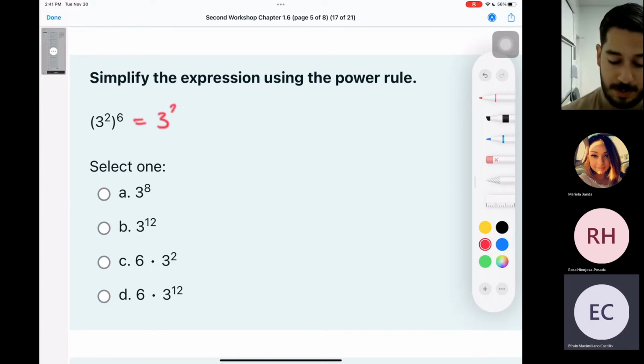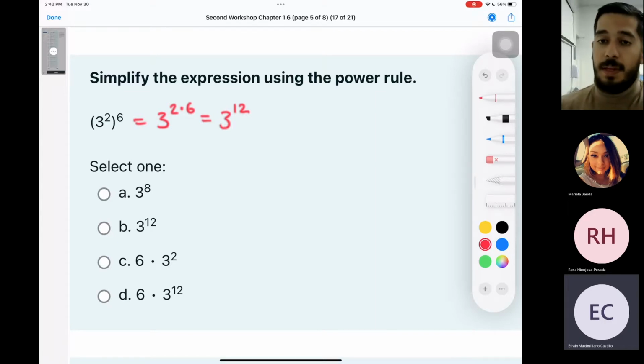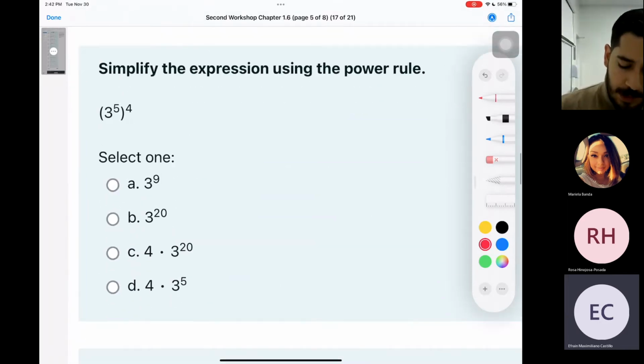That means I take 2 times 6, multiply those, and that's going to be my result. And instead of a 3, it can be an x, it can be a y, it can be a z. Remember that this meeting is being recorded, so you can always go back and take a look at the problems that you're having trouble with, or you can always go back and take more time on taking your notes.